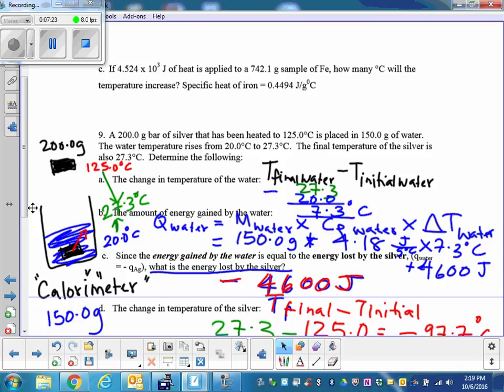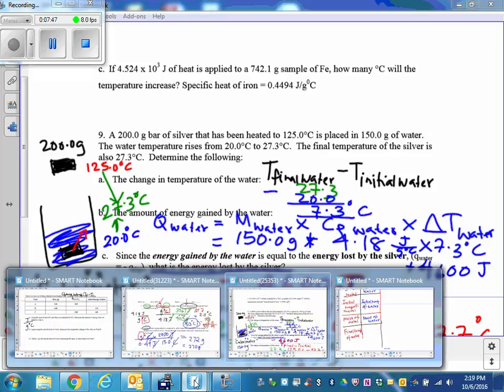The final temperature of the metal is going to be the same as the final temperature of water. Are they going to be any different from each other after a certain period of time? Do we need to record a separate final temperature of water and a separate final temperature of metal? Are they going to be one and the same? Okay, so let's make sure we understand that.